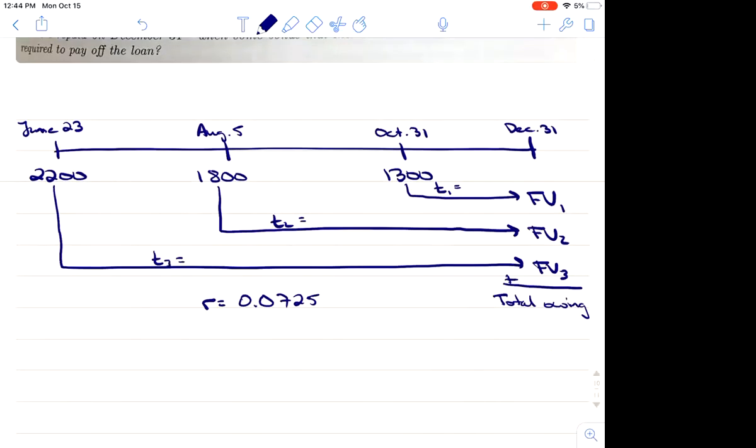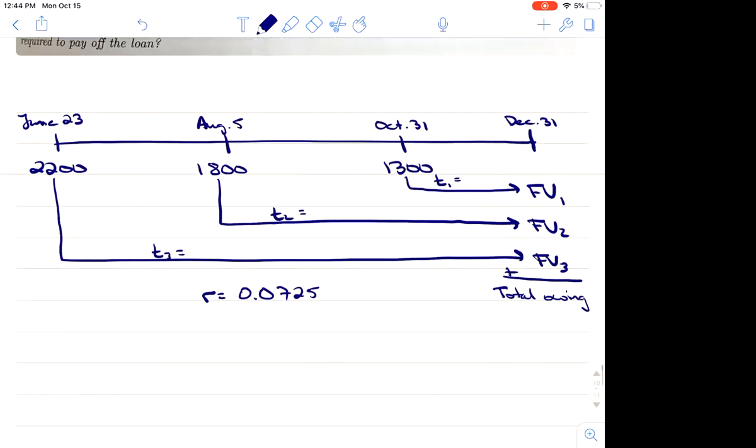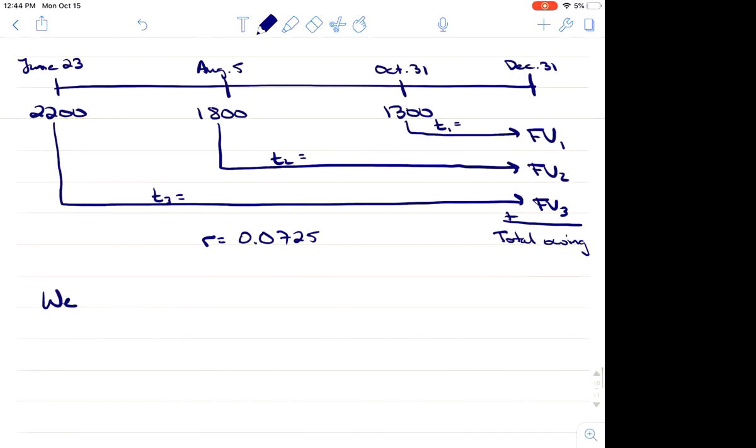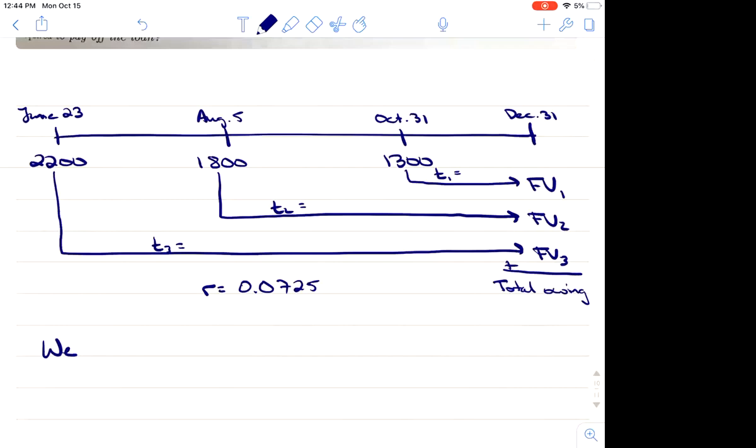You don't have to have subscripts on the T's, but it's just nice to keep track of. Okay. So that's the end of your timeline. So now you've got everything on here. Once we solve for the days between dates and plug those in, this timeline will be complete.